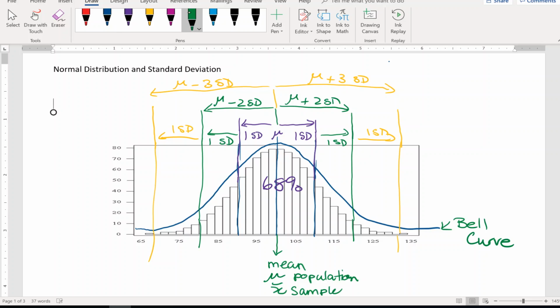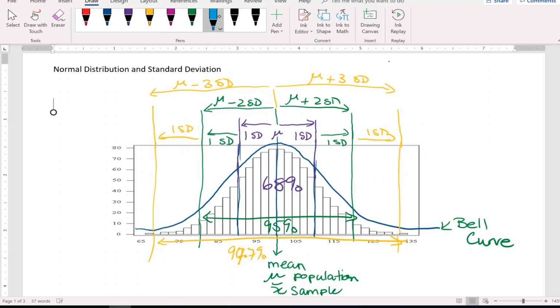Between two standard deviations, between these sections, 95% of all the data in this data set lie between two standard deviations of the mean. And then the very last one here, between here and here, is 99.7% of the data lie within 3 standard deviations of the mean.